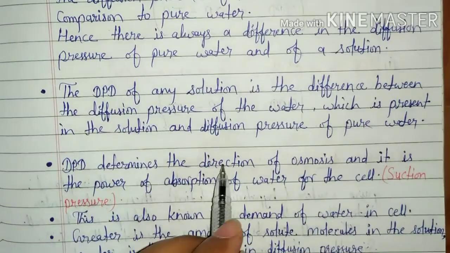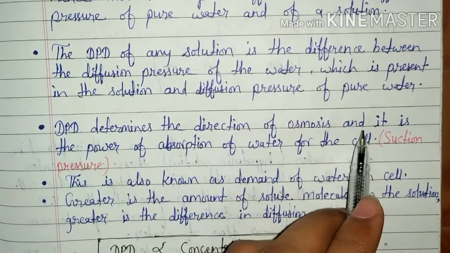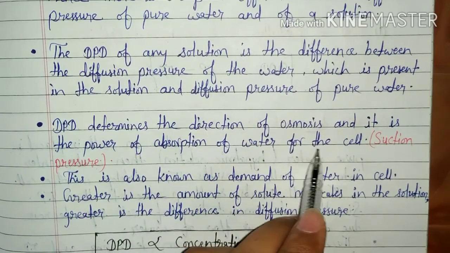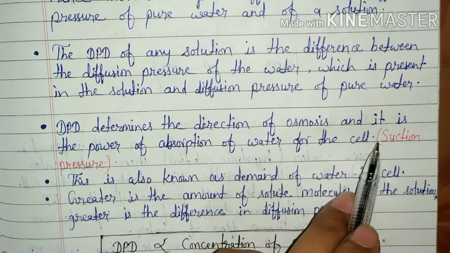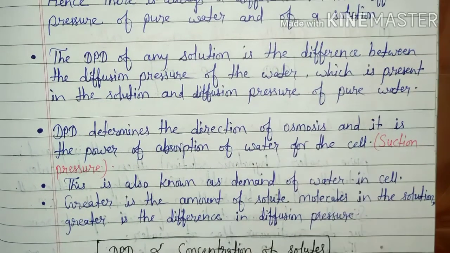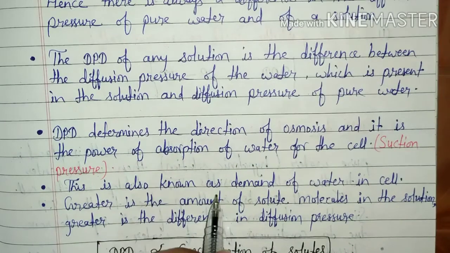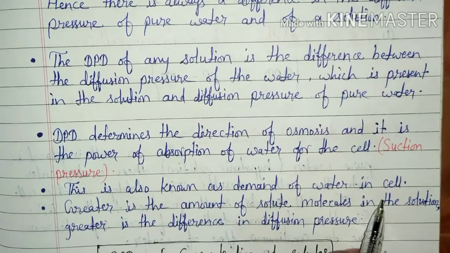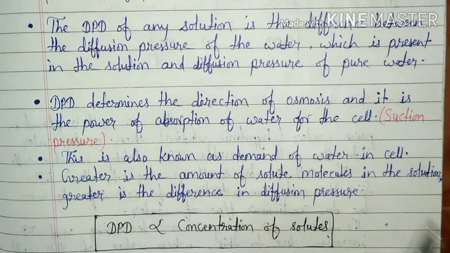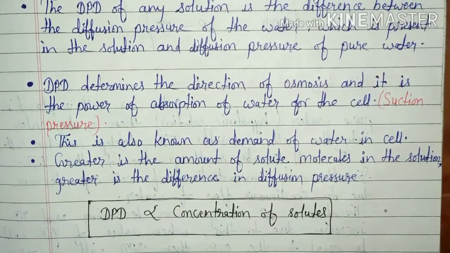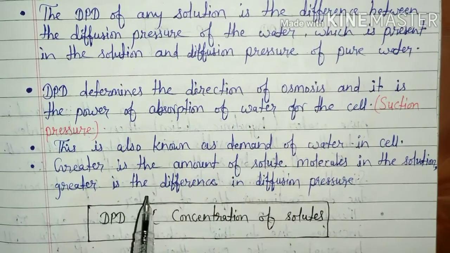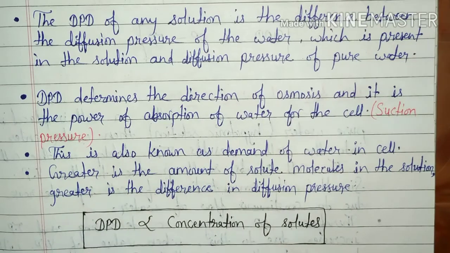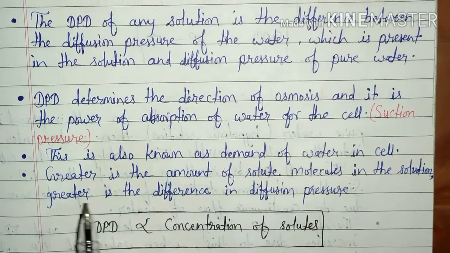So, DPD determines the direction of the osmosis process, and it is the power of absorption of water for the cell. It is called suction pressure, and this is also known as demand of water in the cell, because a concentrated solution wants to become dilute, so it's a demand of water.